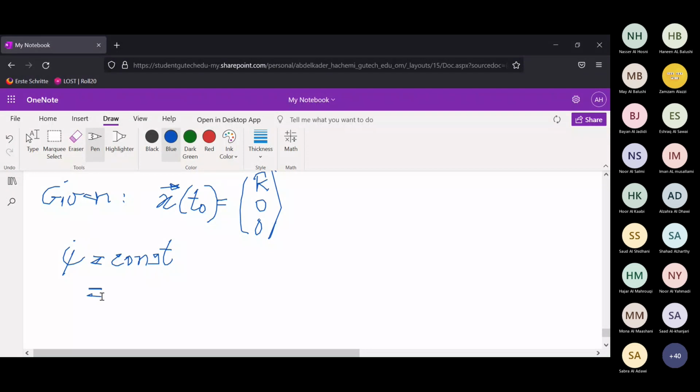In this case it's only the angular velocity omega. If we make the integration, then we get xi equal to omega times t plus C1.